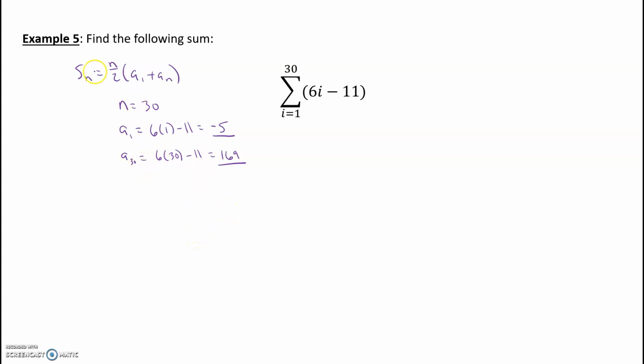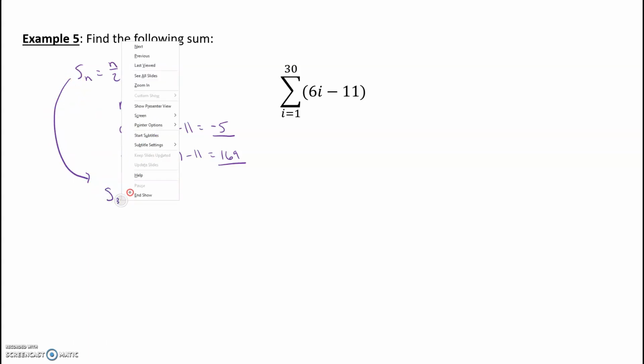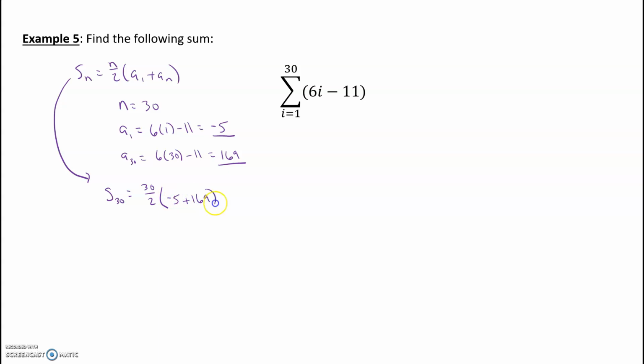And now we have all of our stuff we can plug into our summation formula. So we've got the sum of the first 30, which is 30 divided by 2, times my first term plus my last term. And then we're going to do a little math. 30 divided by 2 is 15. 169 minus 5 gets me 164.